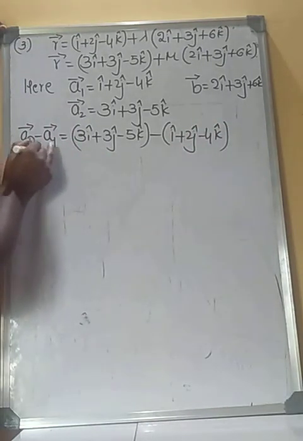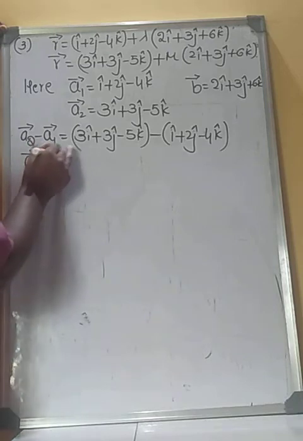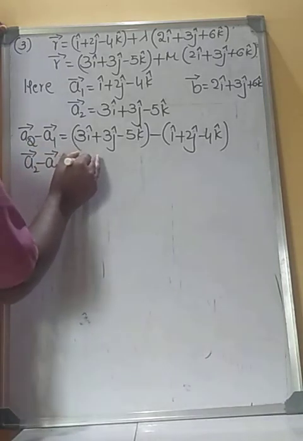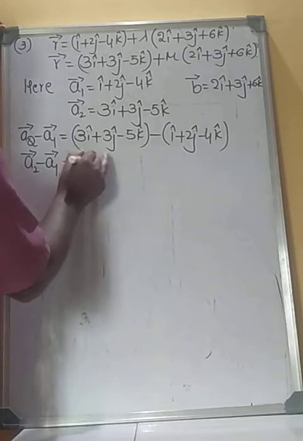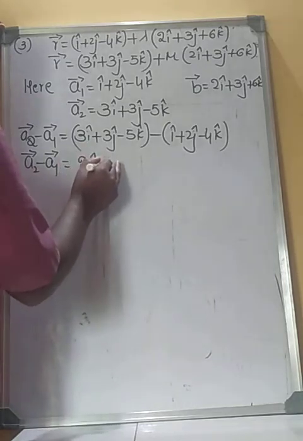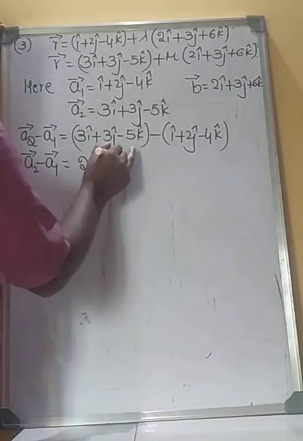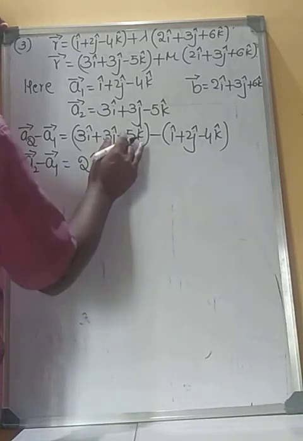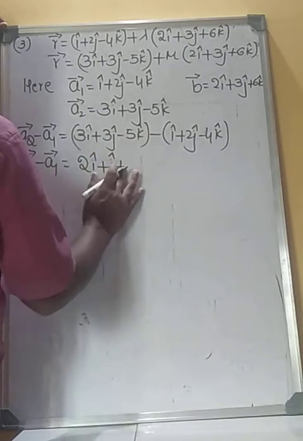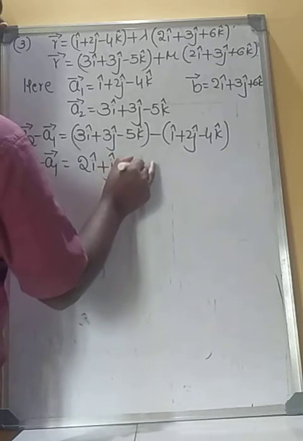Therefore a2 vector minus a1 vector is equal to (3 minus 1) 2i, plus (3 minus 2) j, plus (minus 5 plus 4) minus 1k.